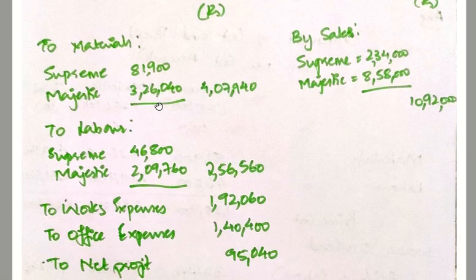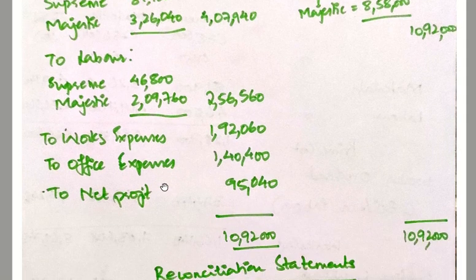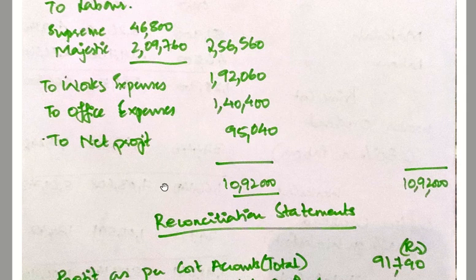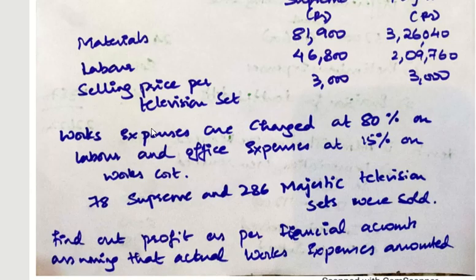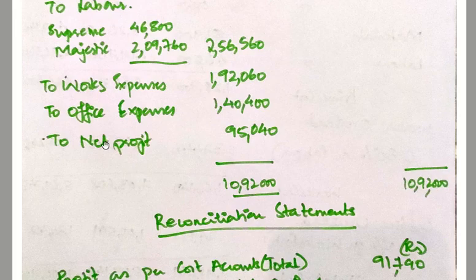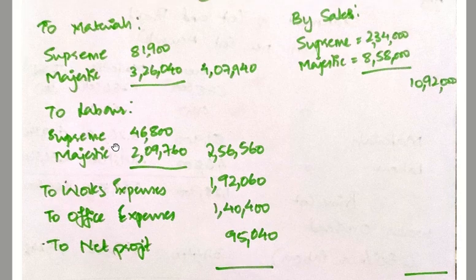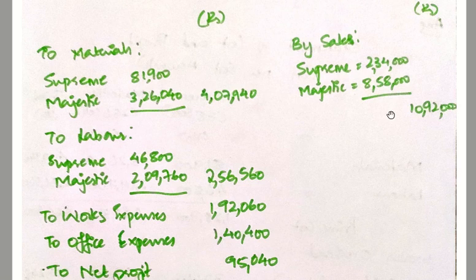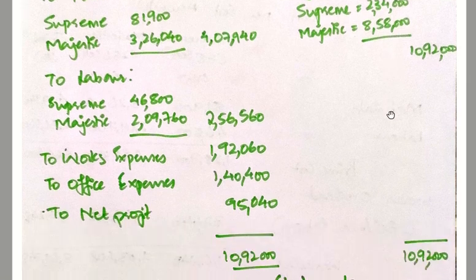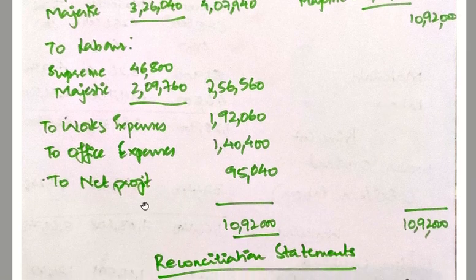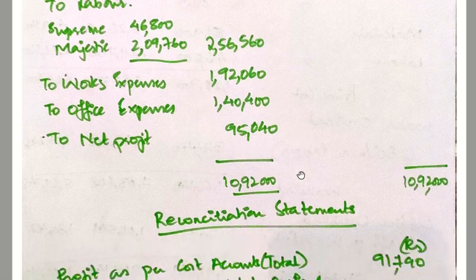So to materials we have, to labor, Supreme and Majestic, and to works expenses which we got from the cost account, and to office expenses. So if you see the office expenses, they have given 15% on works cost, which we have taken. So now by sales, we get a total, and the balancing figure is nothing but a net profit of 95,040.